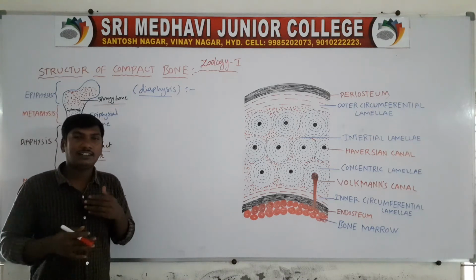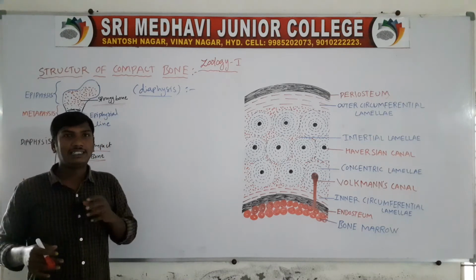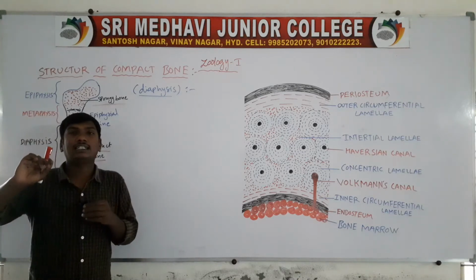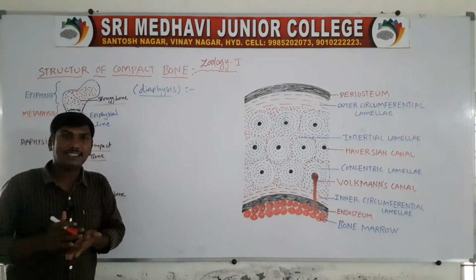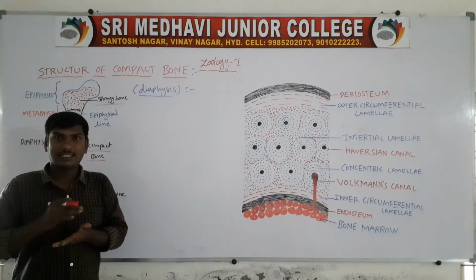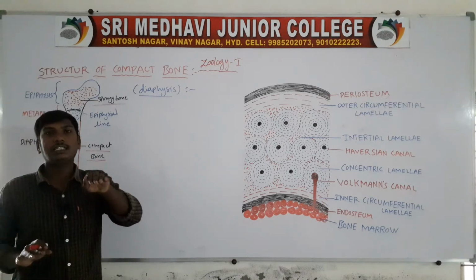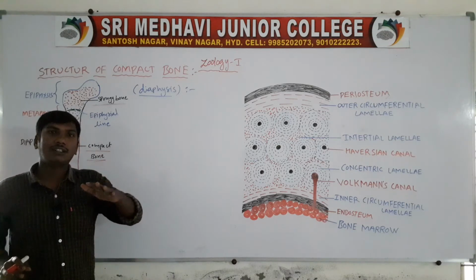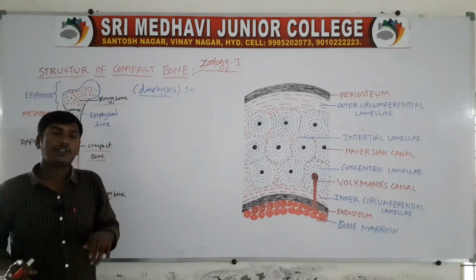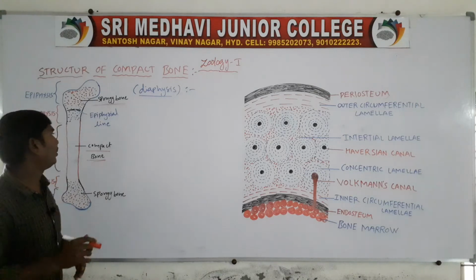After 23 years, even using medicines, the bones do not elongate. Growth stops because the epiphyseal plate is converted to the epiphyseal line.